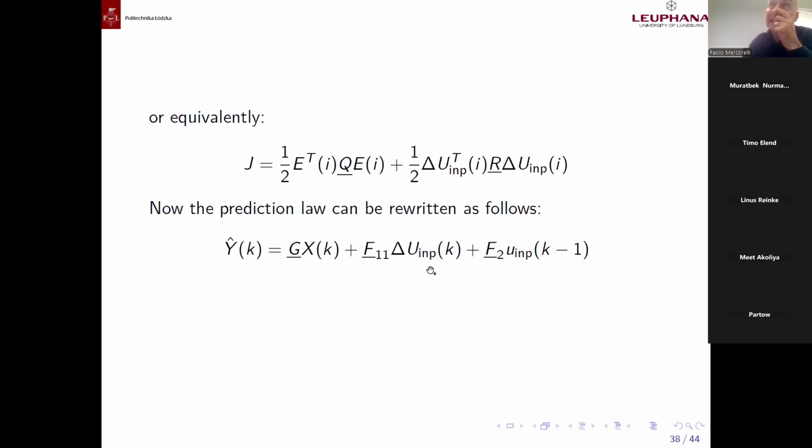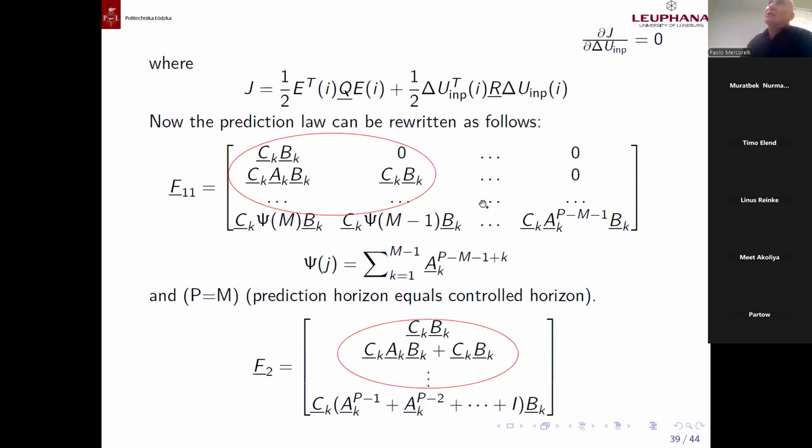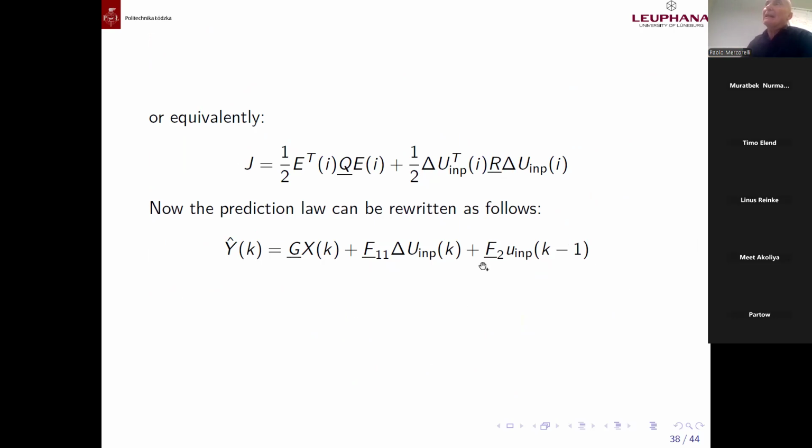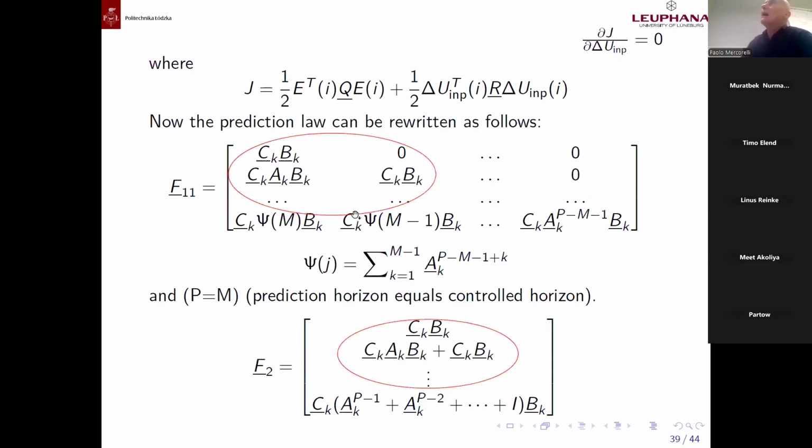We can see here, instead of U, I have a delta U, but we have also U input, of course, U of k minus 1, because everything now depends on the past. We can see that we have an element more somehow. Doing the same, the matrices F11 and F2, in this case, I didn't put the boring calculation, can be seen in these two forms.